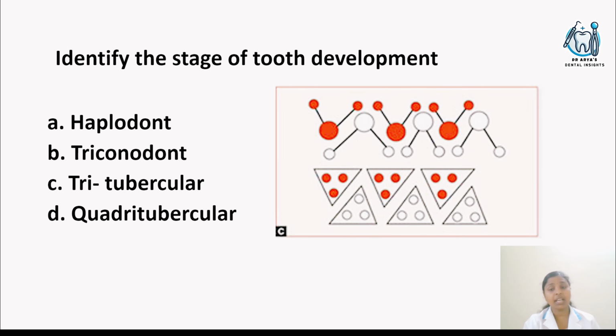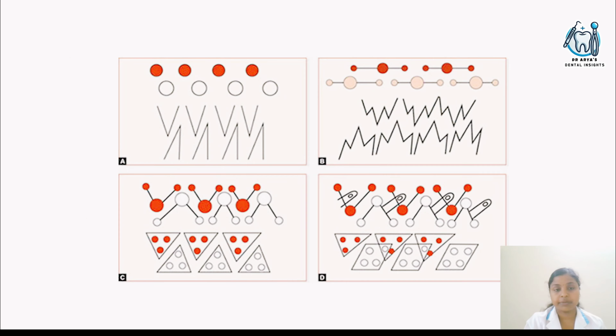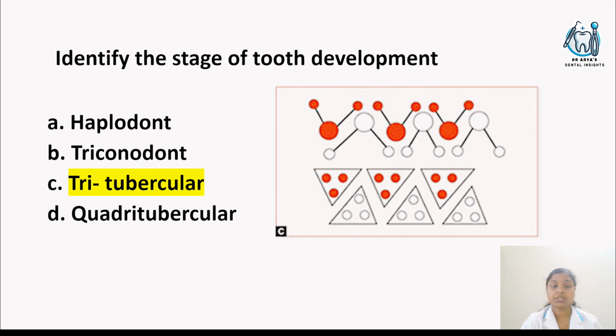That's the tritubercular type. So this is the haplodont, this is the triconodont, this is the tritubercular class, and this is the quadritubercular class. So our answer is tritubercular.